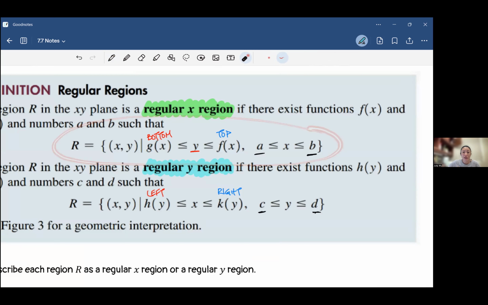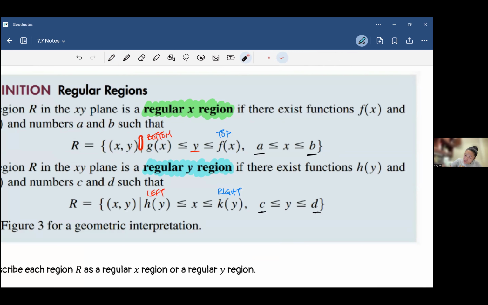There's a lot of notation happening here, but we're going to start with R equals, that means our region equals, and then we're going to open a squiggly bracket. Inside that squiggly bracket, we're going to write parentheses x comma y, because we want to choose points x and y from inside this space.